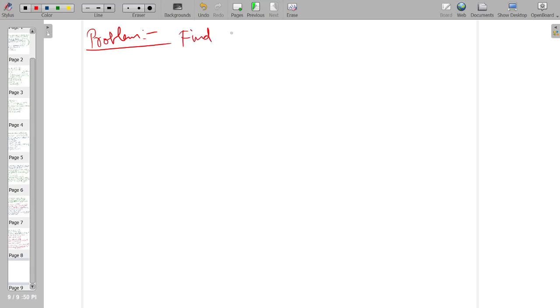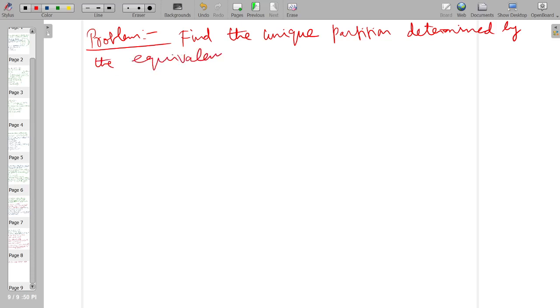Find the unique partition determined by the equivalence relation whose directed graph is given.